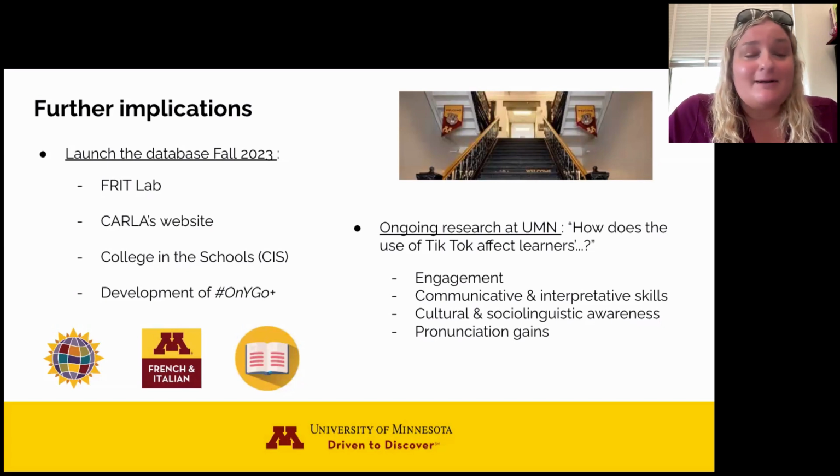I'm a sociolinguist, so I'm really fascinated at how we can use this kind of media in an authentic way to raise people's awareness to not just cultural differences, but differences in the way that we all participate in using some kind of French. A little further along, we're going to look at pronunciation gains. For now, we have a short mirroring exercise to see if there are any differences in the way that students pronounce certain things from the beginning of a task to the end of a task.